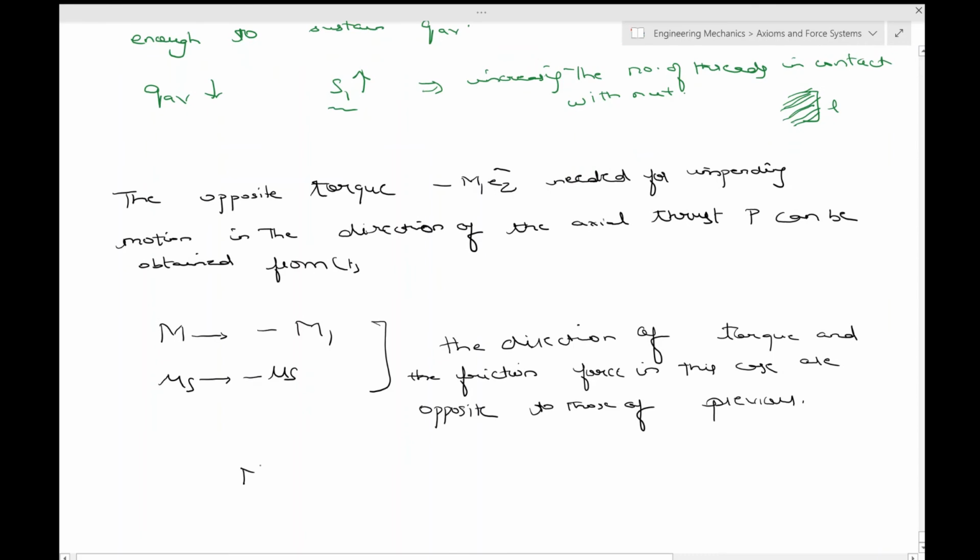So you will have M1 by P equal to r times (mu s minus tan alpha) by (1 plus mu s tan alpha), which is r tan of (theta minus alpha).